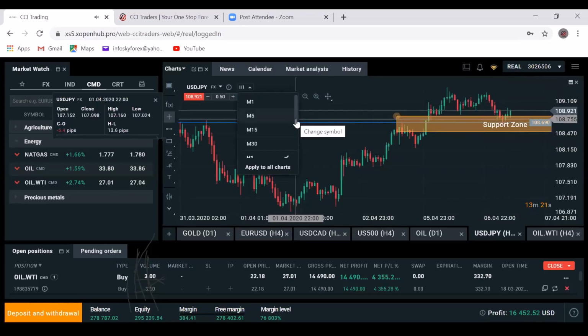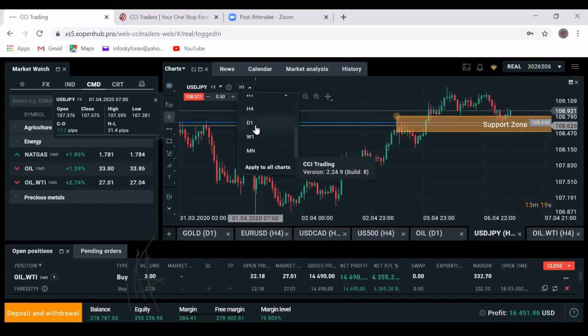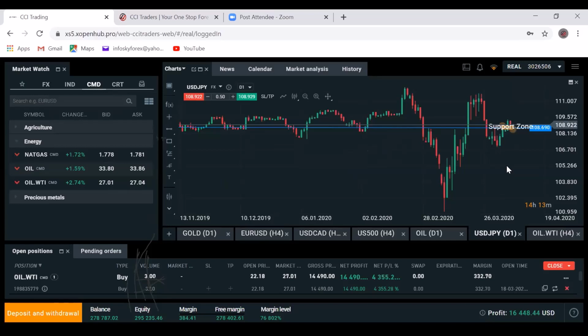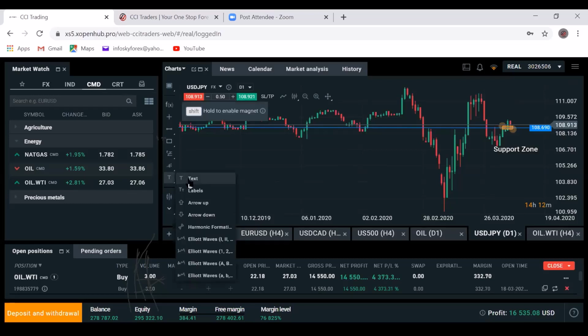USJPY for a long-time trade, on daily candlesticks, here remains a support zone. Here is forming a resistance zone. This point now is forming a little resistance zone.